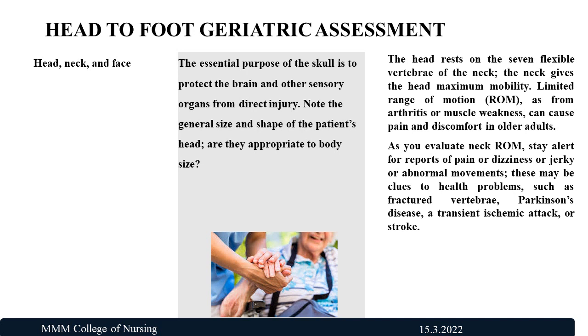Limited range of motion, as from arthritis or muscle weakness, can cause pain and discomfort in older adults. As we evaluate neck ROM, stay alert for reports of pain or dizziness or jerky movements. These may be clues to health problems such as vertebral fracture, Parkinson's disease, a transient ischemic attack or stroke.